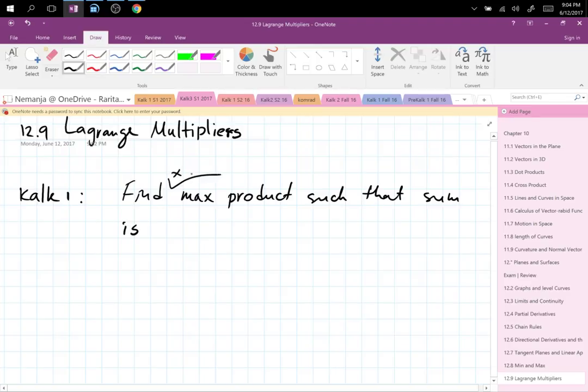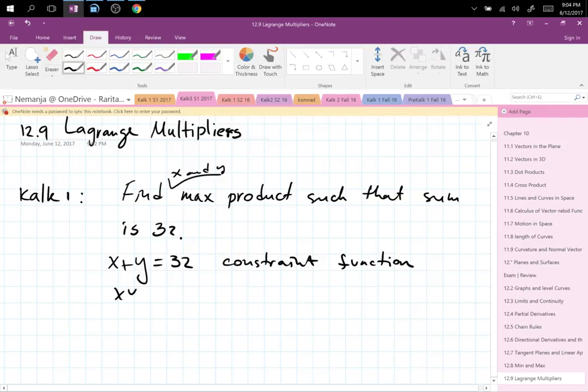Find x and y, two numbers, such that the sum is 32, whatever. So you would say x plus y is equal to 32, and that would be your constraint function. And then you would have x times y equals a max as your objective function.